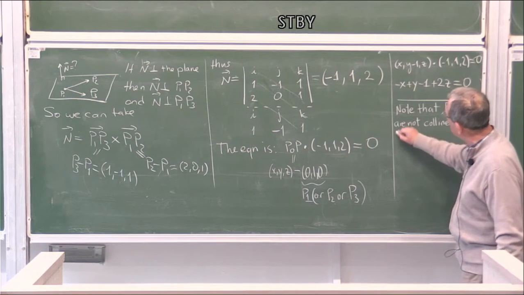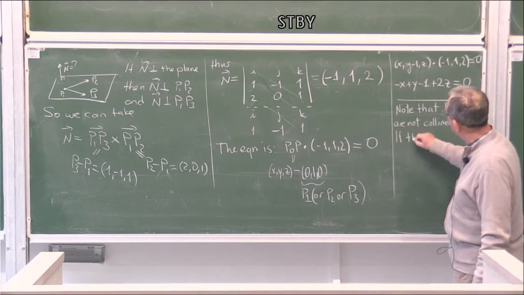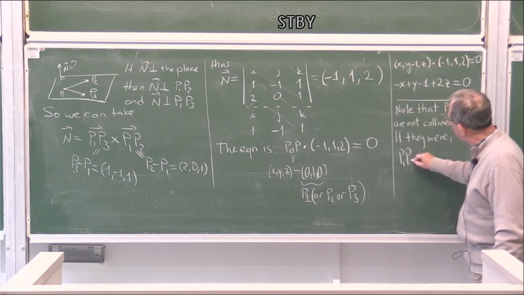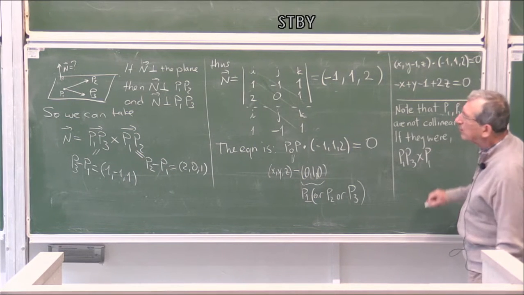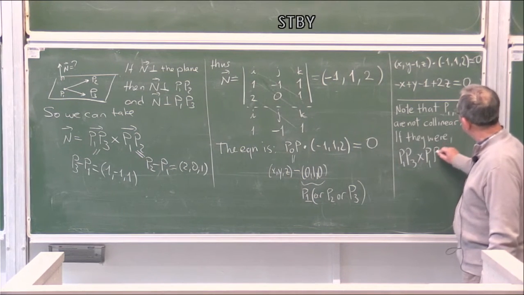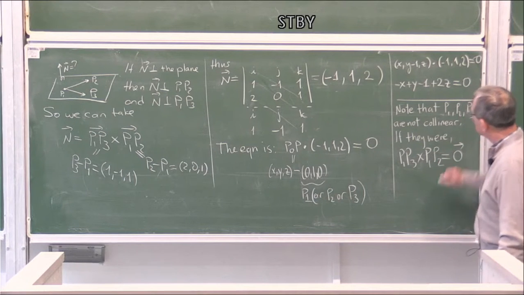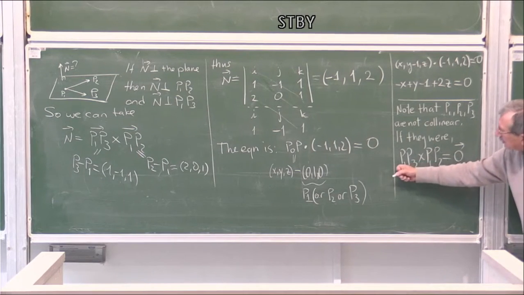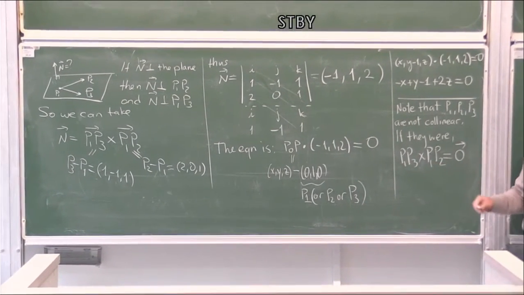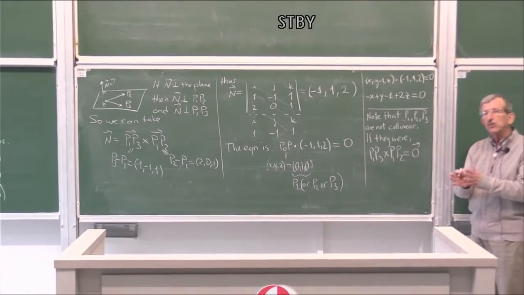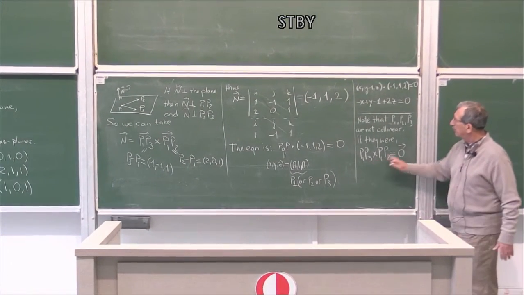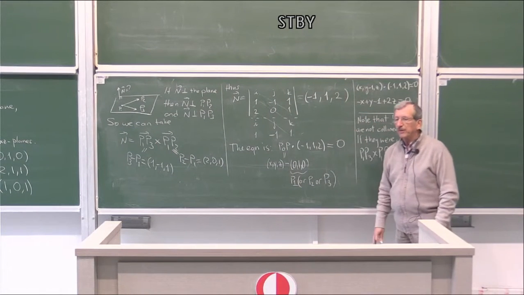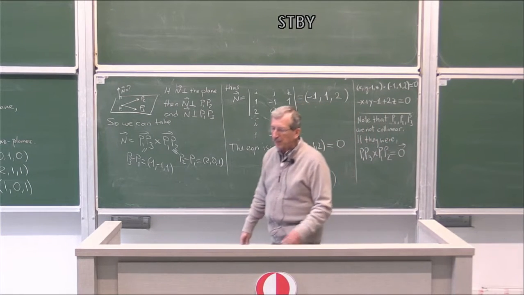If they were, P1P3 cross P1P2, which we calculated, would be the 0 vector, because if they were on the same line, these vectors P1P3 and P1P2 would be parallel. So the cross product of 2 parallel vectors would be the 0 vector. But it's not the 0 vector, and so they were not on the same line.